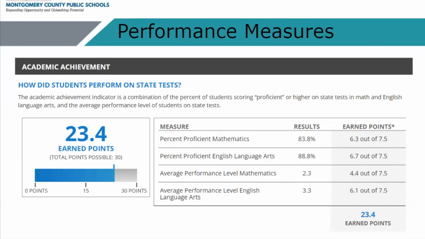It shows some need in math average performance. And then average performance level in English, this is 3.3 and 6.1 points out of 7.5. For most schools, what you will see in these performance measures, this is pretty consistent in a large number of schools, that the need for improvement in math seems to be greater than in English language arts.